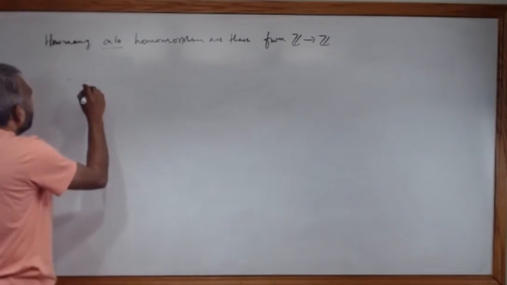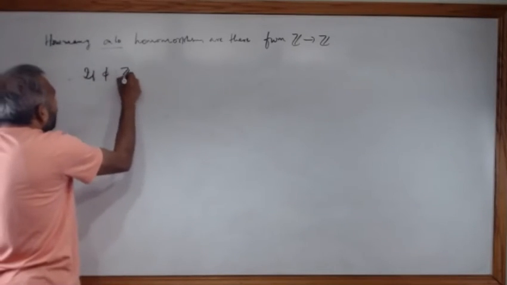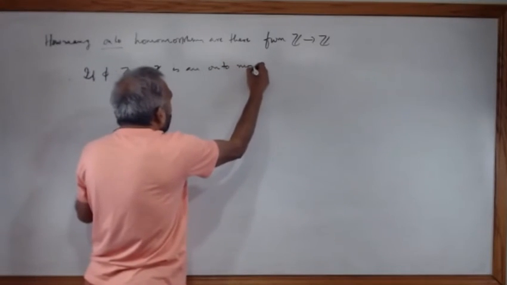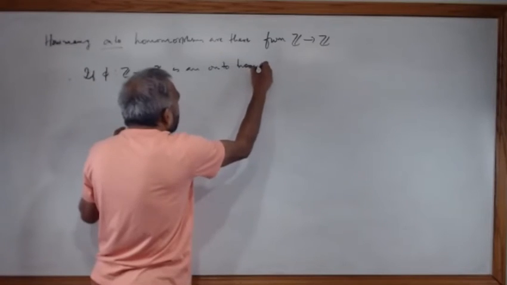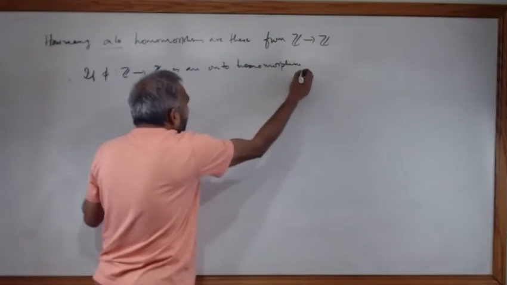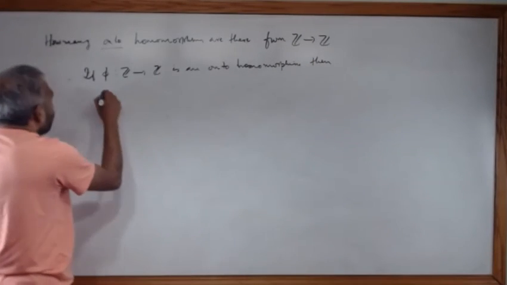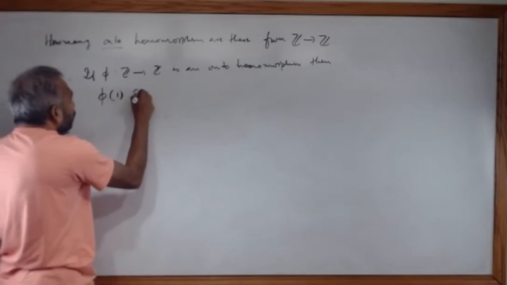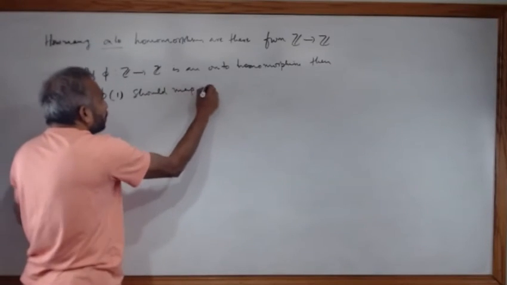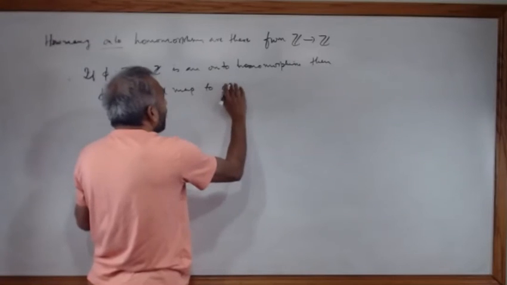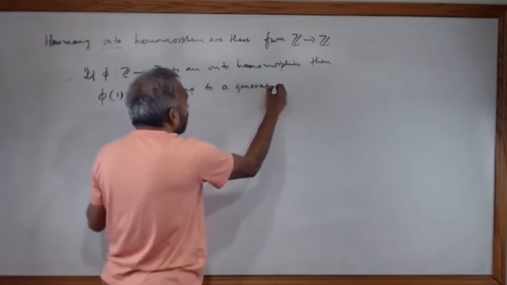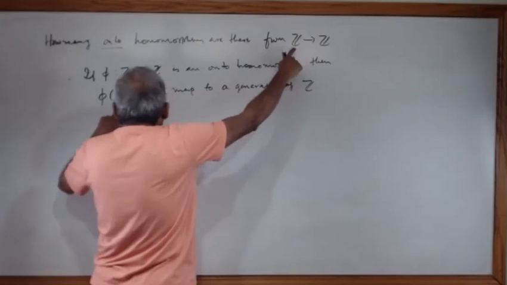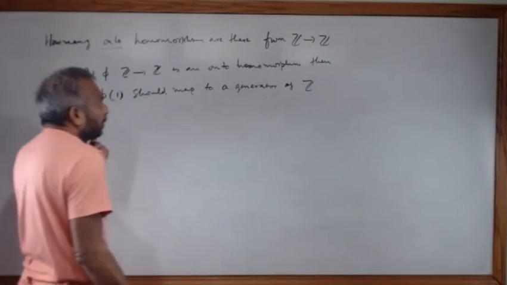It's very simple. If phi from Z to Z is an onto homomorphism, then phi of 1 should map to a generator of Z. See, this is the generator of the source, and the generator I am talking about is the generator of the image.